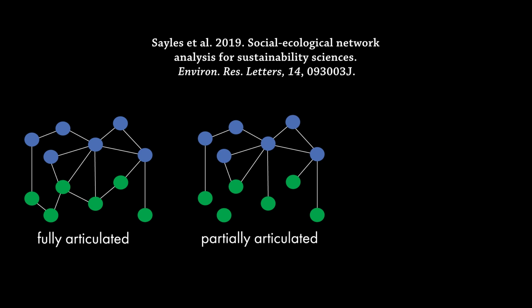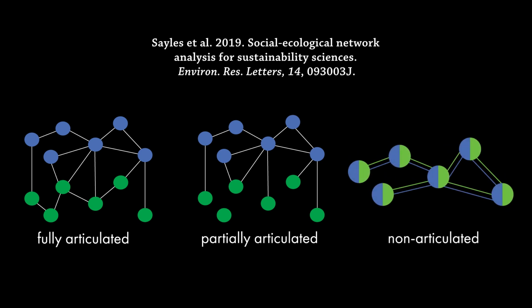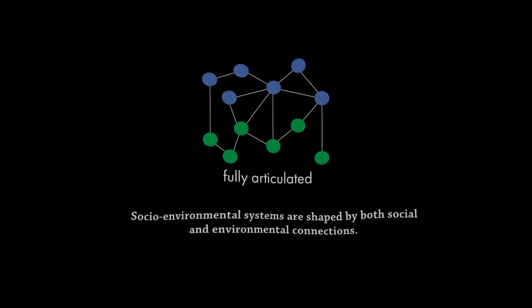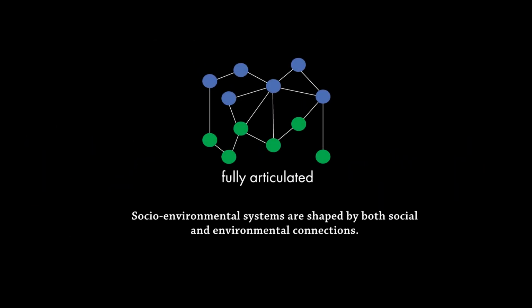When they are considered jointly, he calls these non-articulated. He believes fully articulated are the most appropriate because socio-environmental systems are shaped by both social and environmental connections. We bring this up since we're focused here on such interactions, but note that more generally, however, network terminology varies a lot by disciplines.